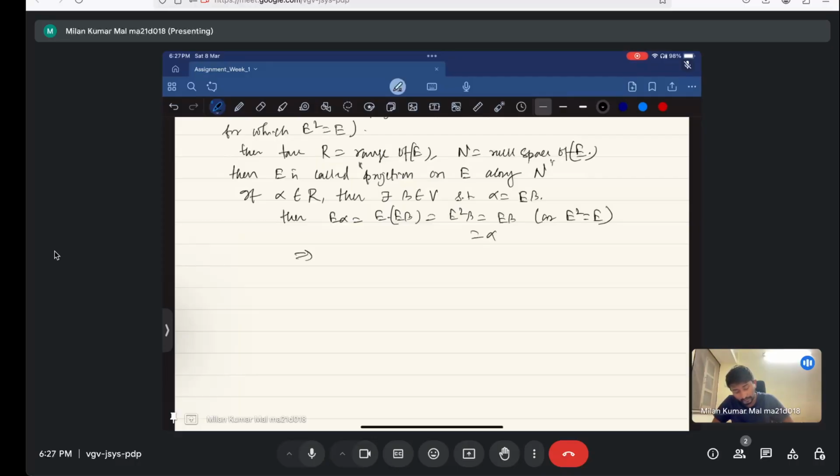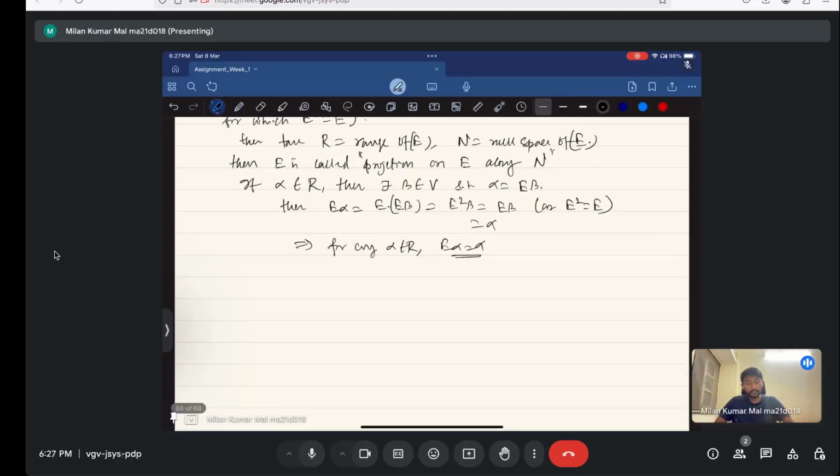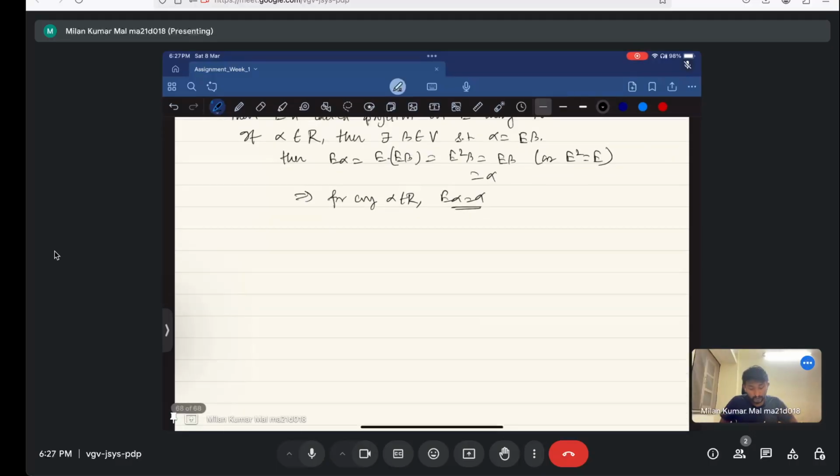So what we are getting is that for any alpha belonging to R, E alpha equals alpha. So that's why we say that E is the projection on the range space R along the null space N.